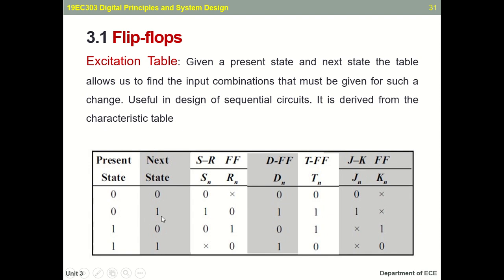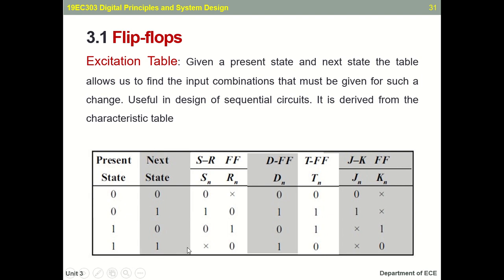For 0 1, the current state is 0 but the next state has become 1, which means the inputs should have changed: S should be 1 and R should be 0. When the present state is 1 and it moves to the reset state, R should be 1 and S should be 0.